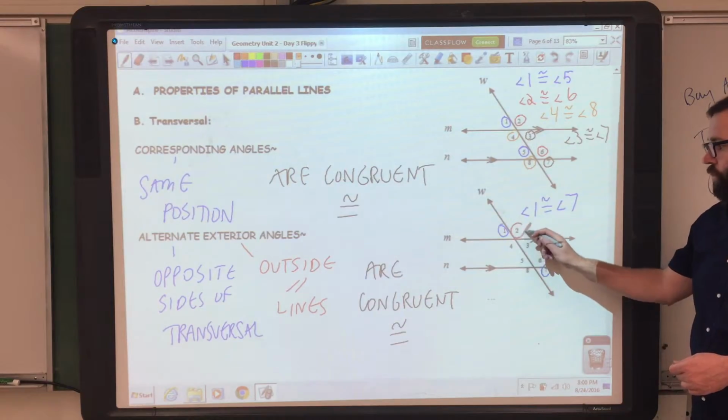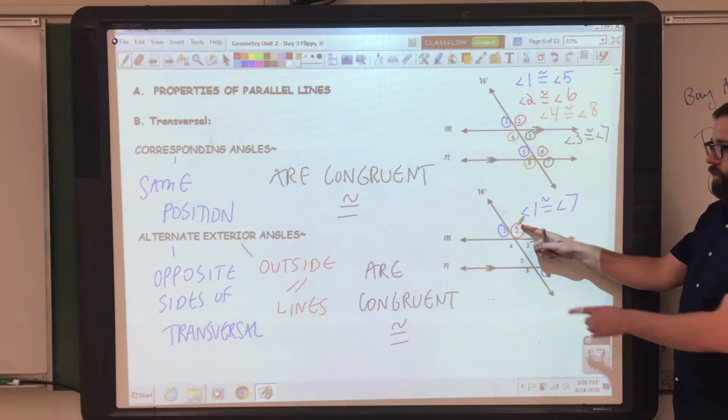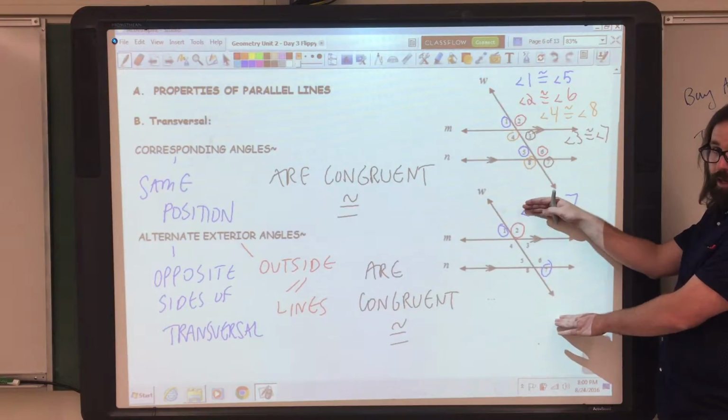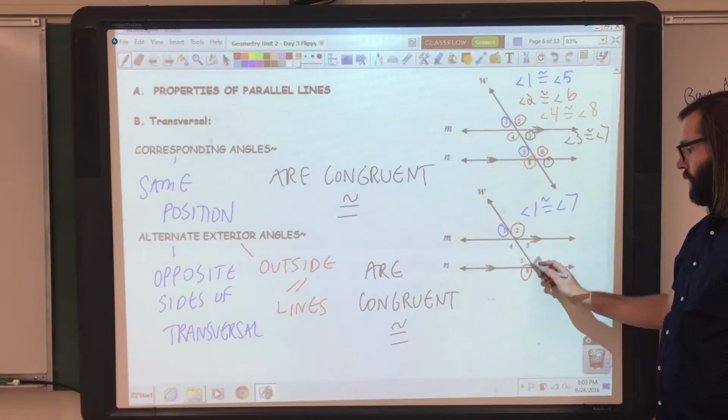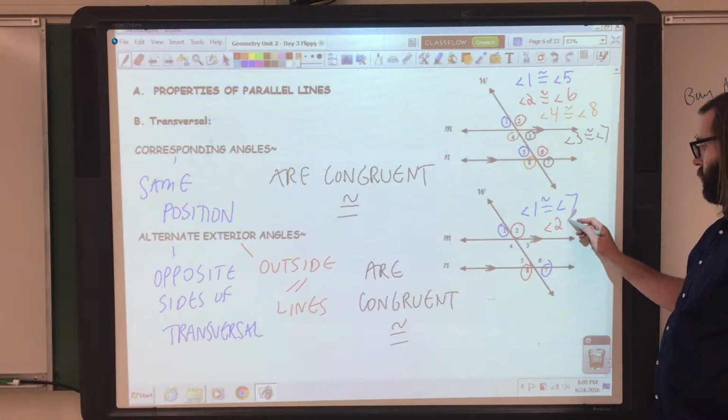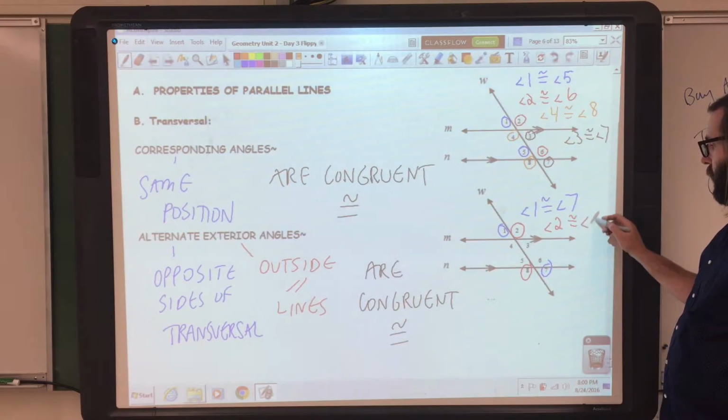Okay, if we look at 2, we have to go outside of our parallel lines and on the opposite side of our transversal, which is 8. So angle 2 is congruent to angle 8.